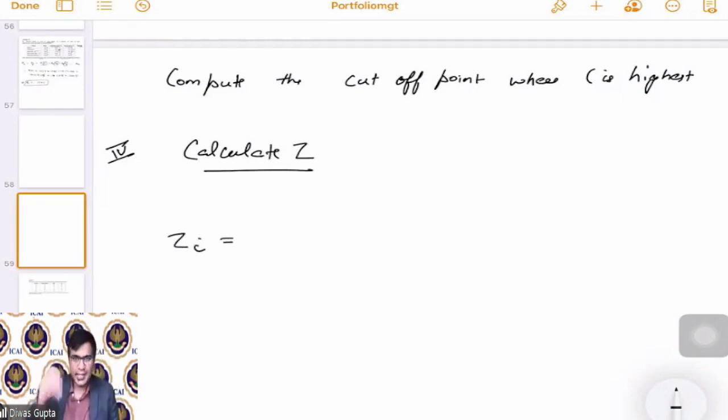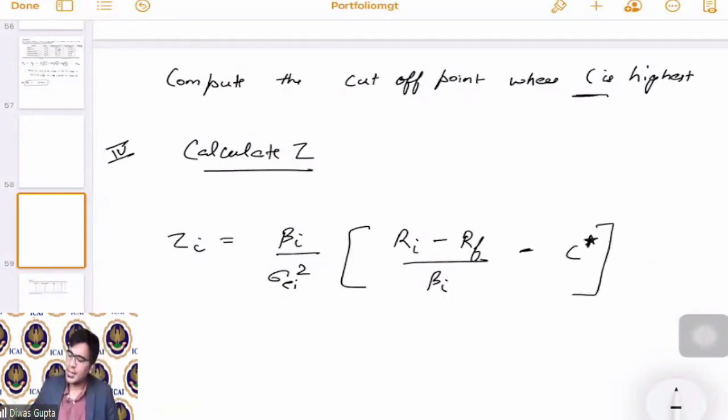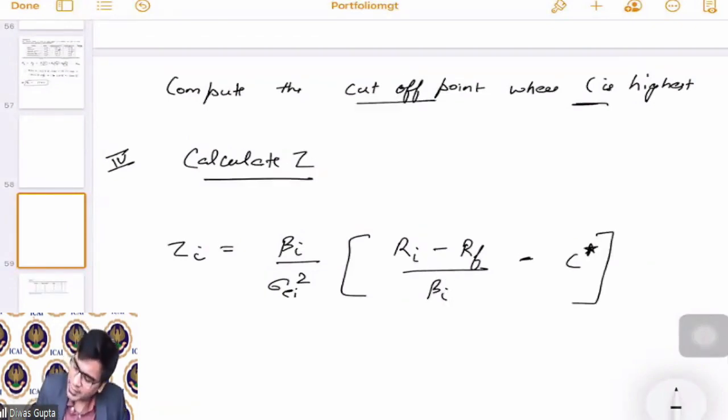So for all the securities that are selected basis this C, we will calculate Z. Zi is beta i divided by the unsystematic variance, multiplied by the return on i minus Rf divided by Bi, minus C star. So C star is that C cutoff point basically. So this is called C star.